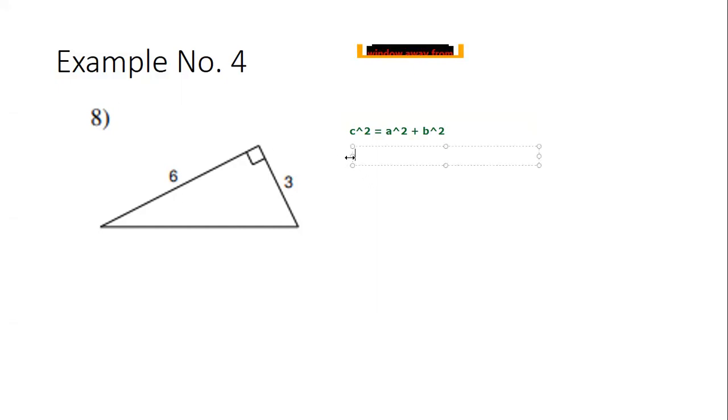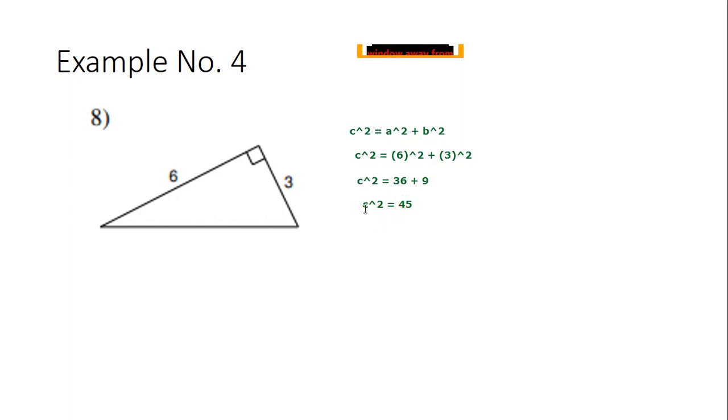So c squared is equal to 6 squared plus 3 squared. 6 squared is 36 plus 9, so c squared is equal to 45.